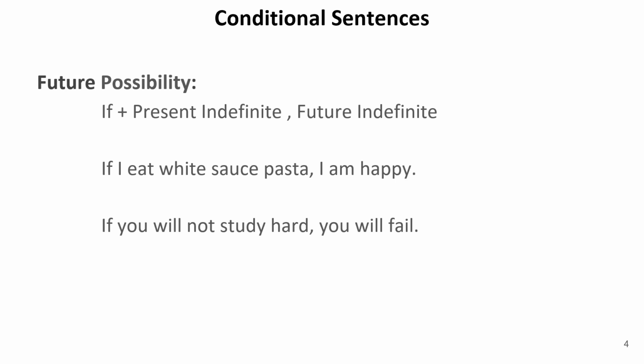For example, if I say to you that if you work hard, you will qualify your exam. But the time you will qualify your exam is somewhere in the future. It means the result that you are getting, you will get that in future.